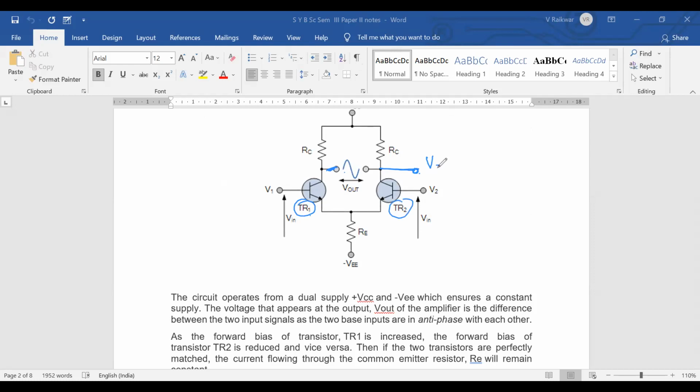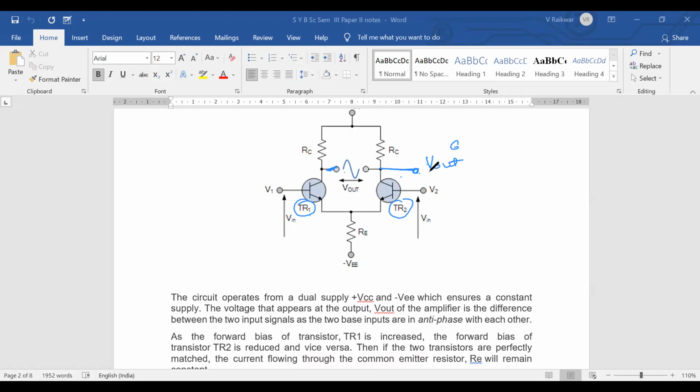This will be our pin number 6. Actually it is not exactly the output. After this there is a gain stage, then a push-pull amplifier, and then we get the op-amp's output, right?